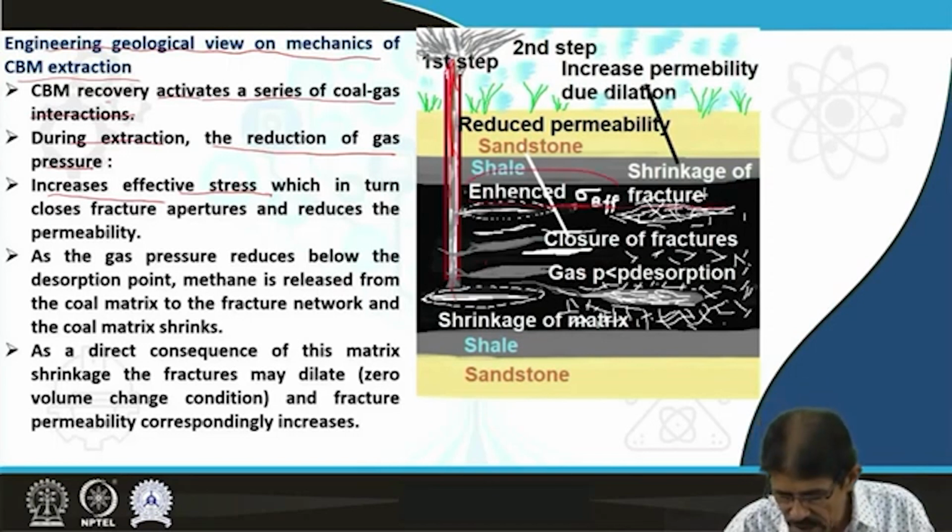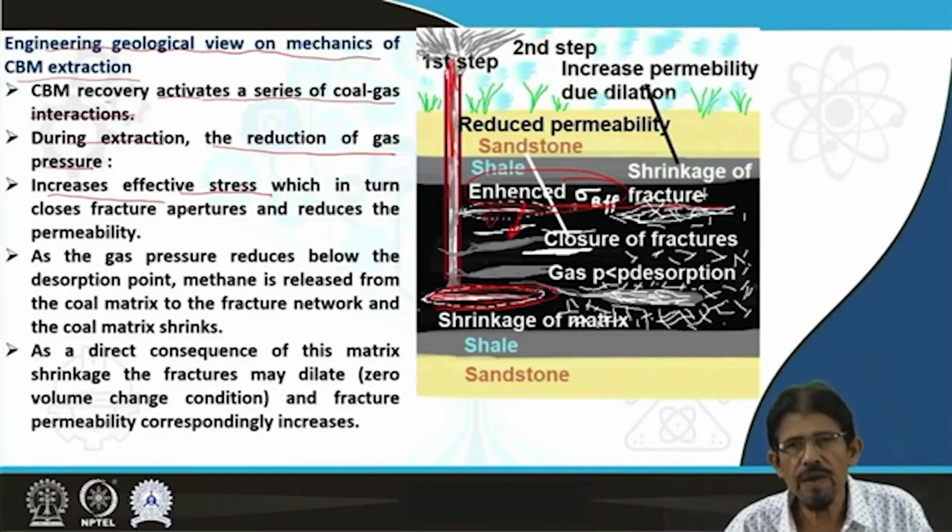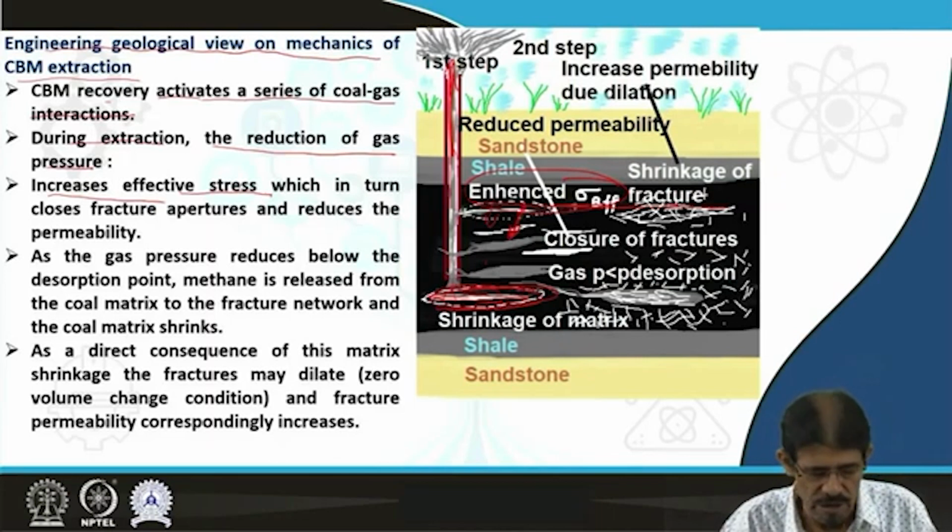The enhanced effective stress is going to reduce the aperture of the fractures, cracks, cleats or discontinuities. Earlier it was open like this, but due to enhanced effective stress there is a decrease in aperture. Therefore, there is a reduction in permeability at the initial step.